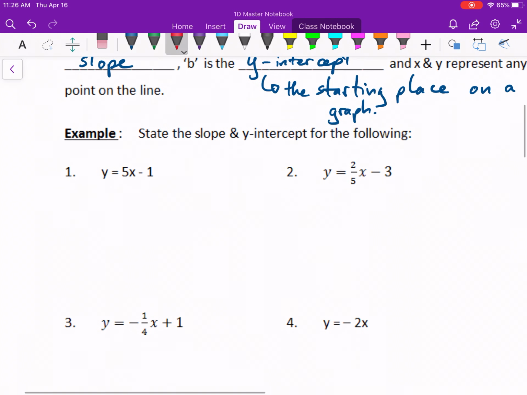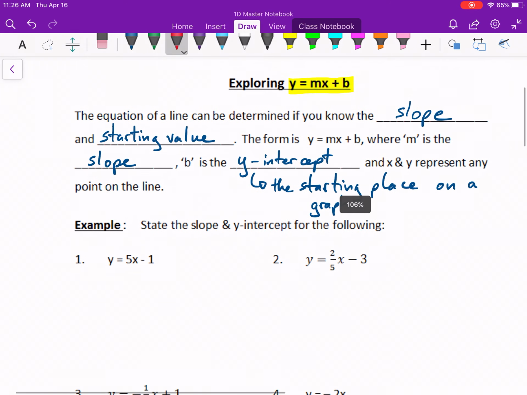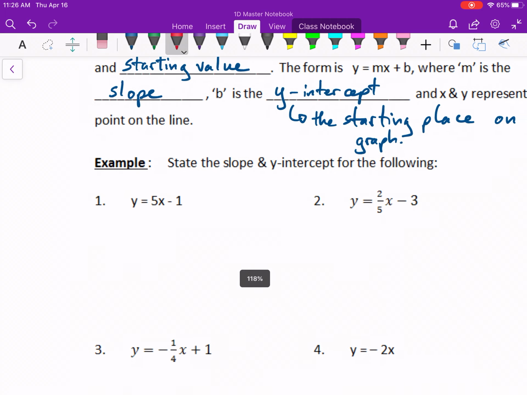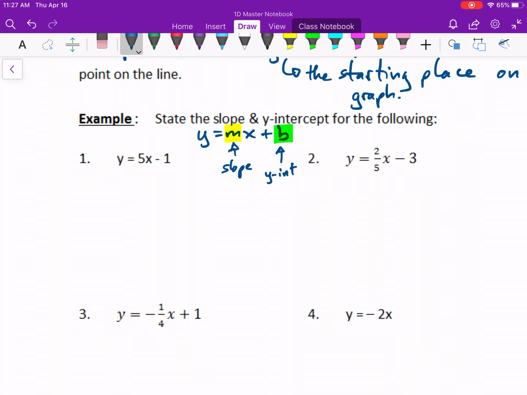State the slope and the y-intercept of the following. So here's something else that we need to become really familiar with. Think y equals mx plus b. In fact, it won't be a bad idea just to write that out again. Y equals mx plus b, where m is the slope, b is the y-intercept, which I'll write as y-int for short.